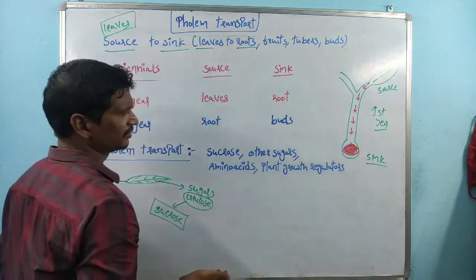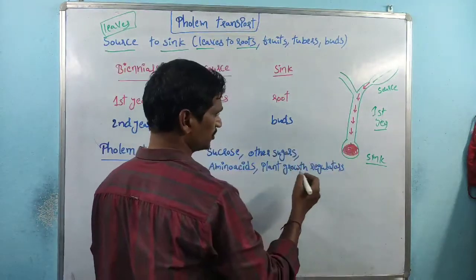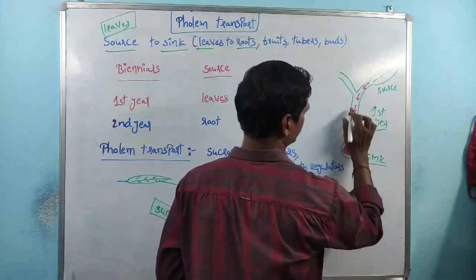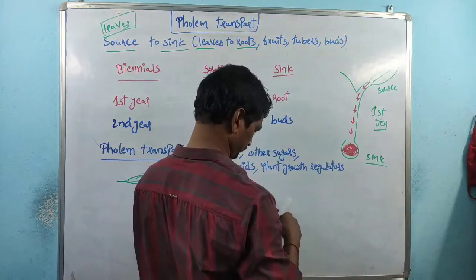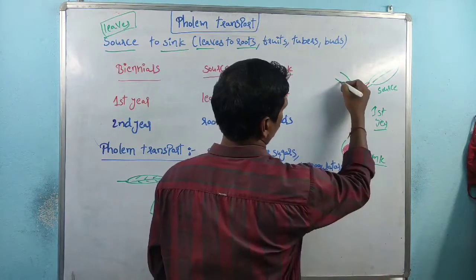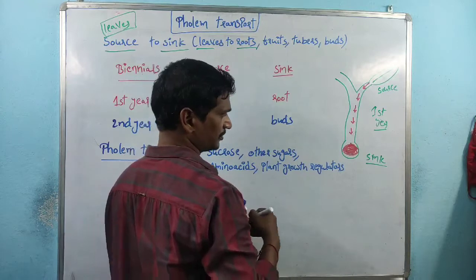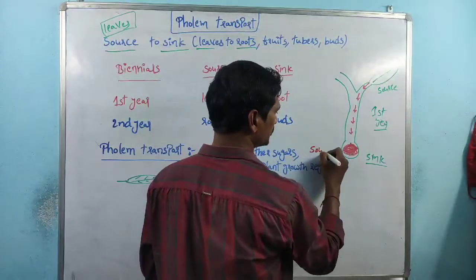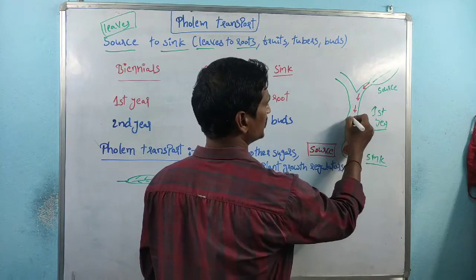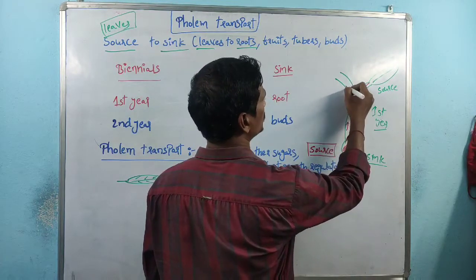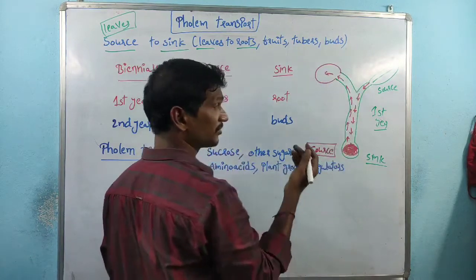In the second year, this is the source. From here to here, the molecules are transported. Maybe the fruits are formed, or maybe the other components, flowers are formed.